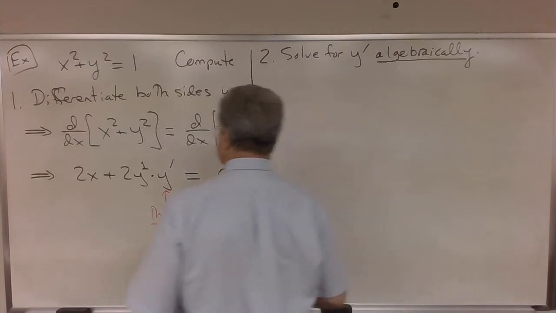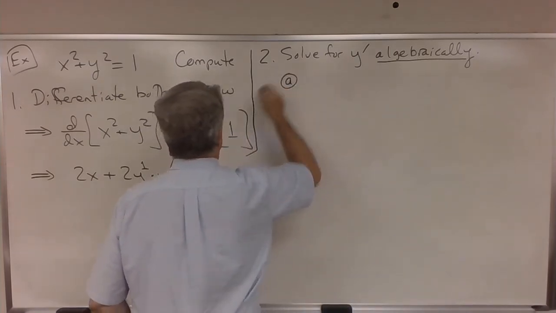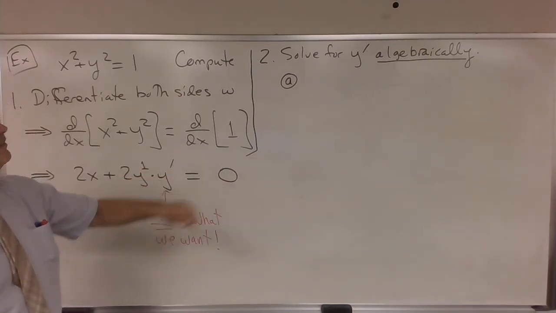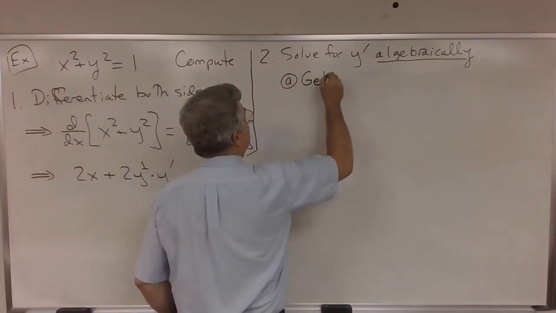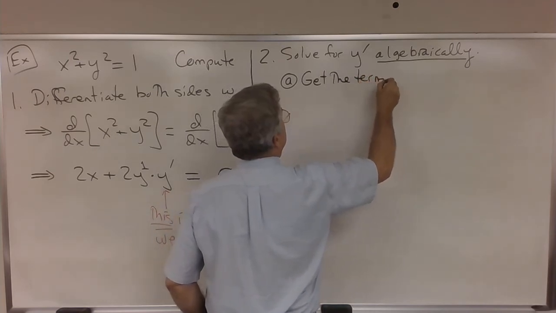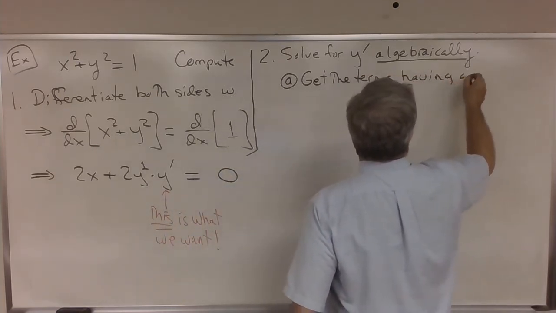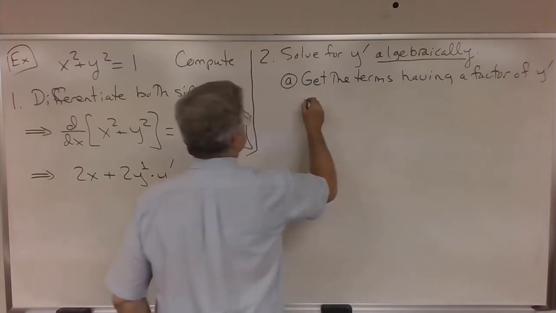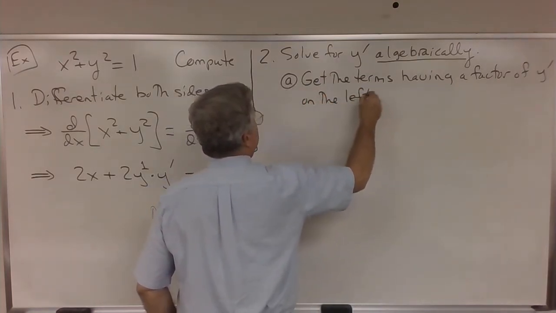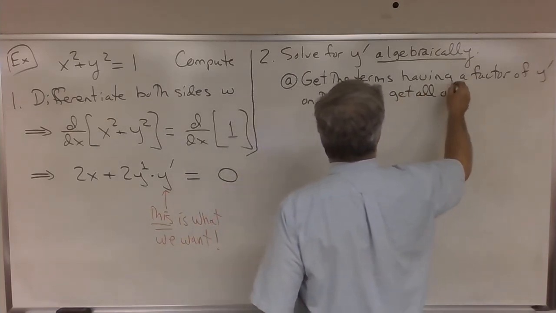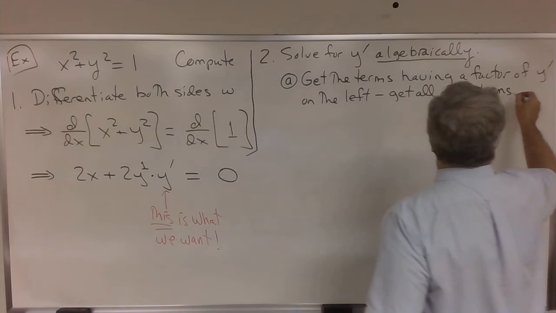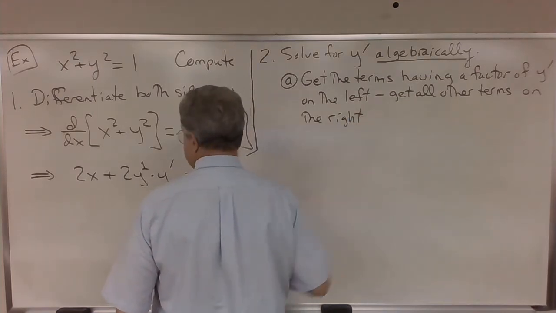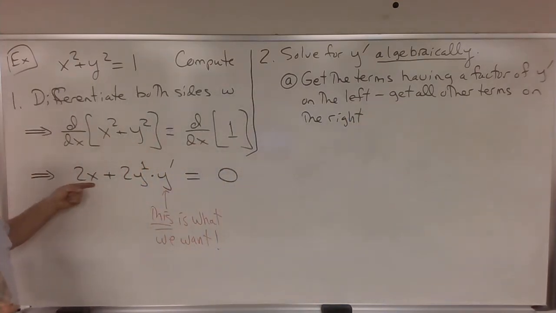And in particular, let's see, get all the terms with a factor of y prime on the left and everything else on the right. Okay, this doesn't have a factor of y prime.